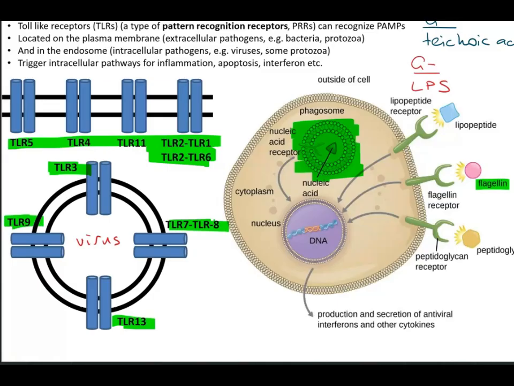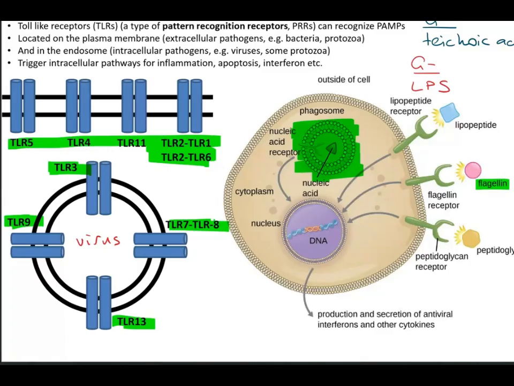I just want to lighten up because we have a couple more things to talk about. The history behind the name toll-like receptor. So it means that receptor is like a toll, right? It's not related to toll roads, though. The first receptors of that type were identified in Drosophila, the fruit fly. And the scientist who identified them, allegedly, when he saw the results of the definitive experiment, he was German.